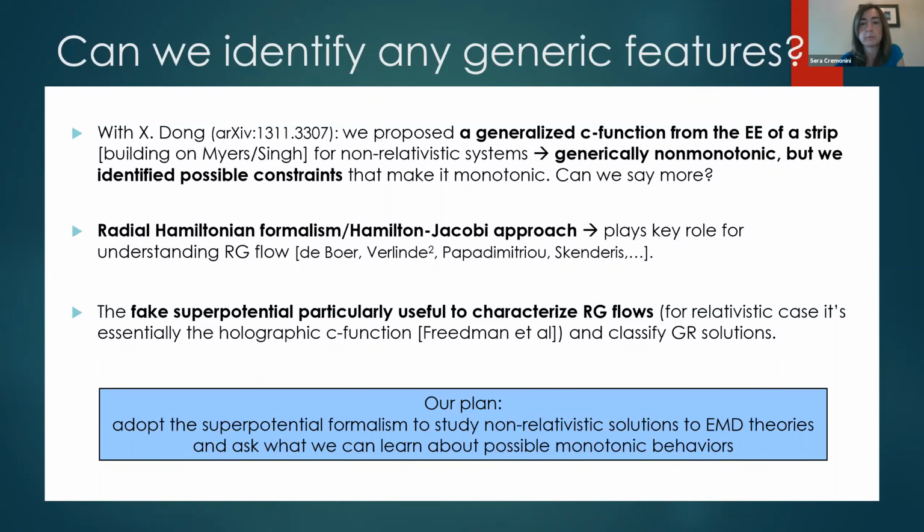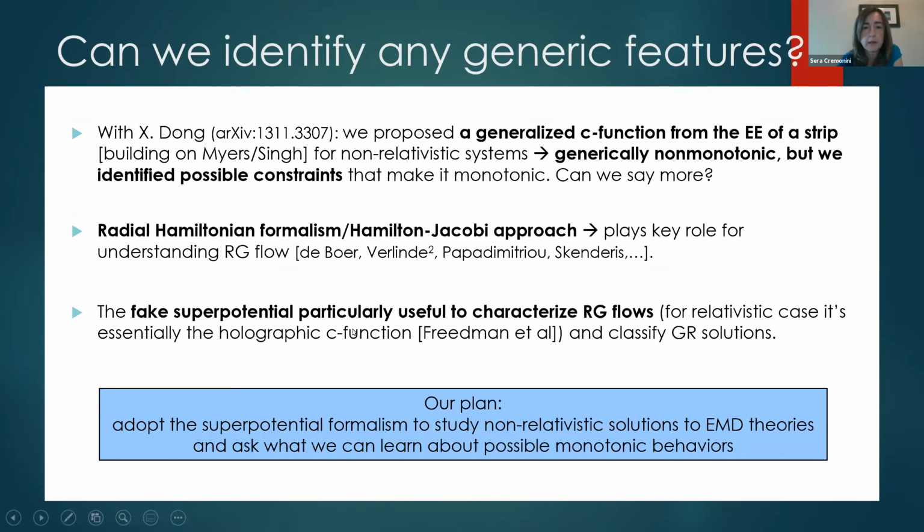I'll come back to that in a minute, but essentially this is a quantity that allows you to recast second-order equations of motion in terms of first-order flow equations. And it's very useful to characterize the flow and also gravitational solutions. And I'll show you in a minute that it's related, at least for relativistic systems, in an easy way to the C function. So all these ideas are tied together.